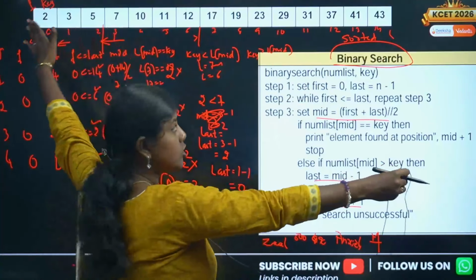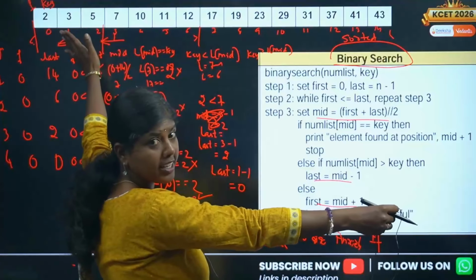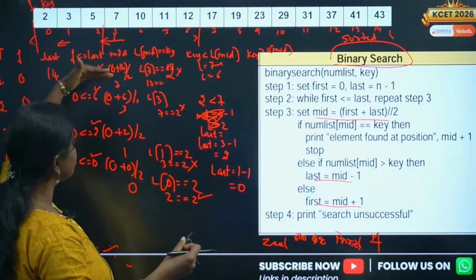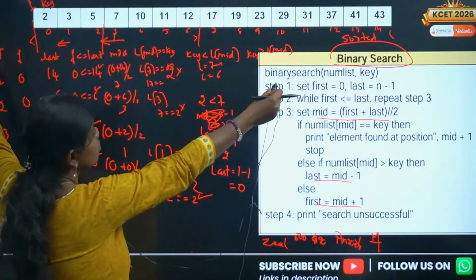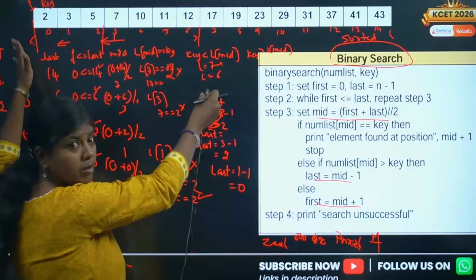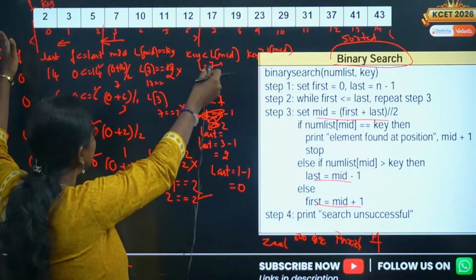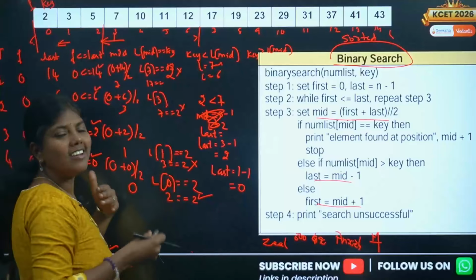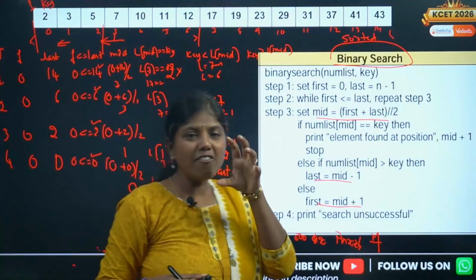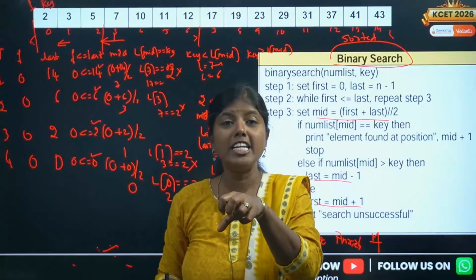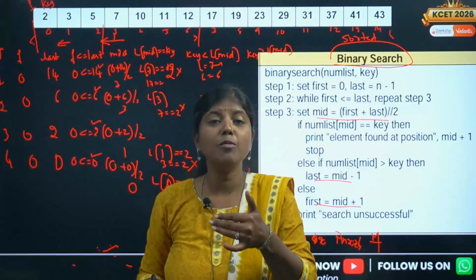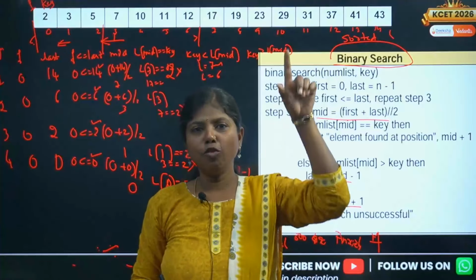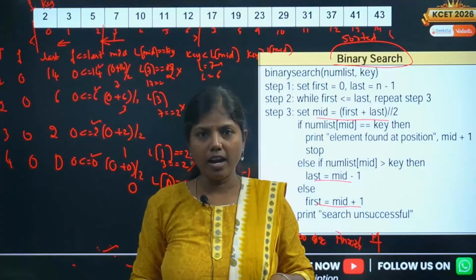So initially I have to search from 0 to 14. Then it reduces to 0 to 7, from 0 to 7 to 0 to 3, 0 to 3 to 0 to 1, then it is 0. That means every unsuccessful comparison reduces the number of elements to be compared by half. 14, 7, 3, 1.